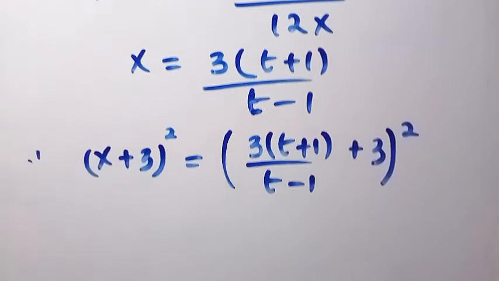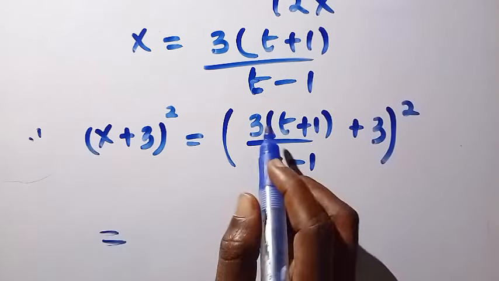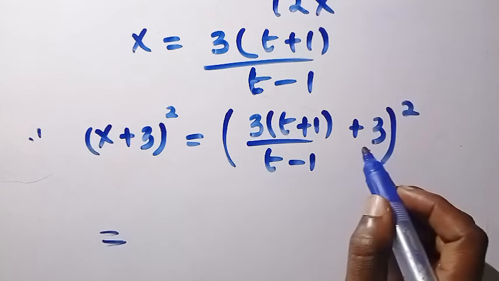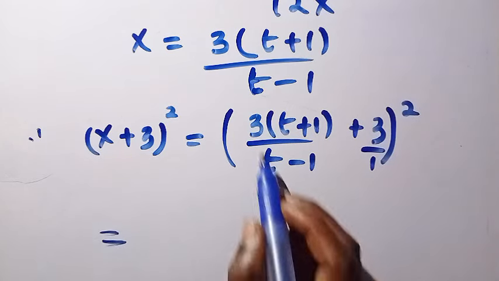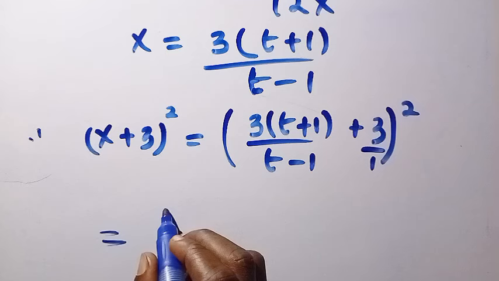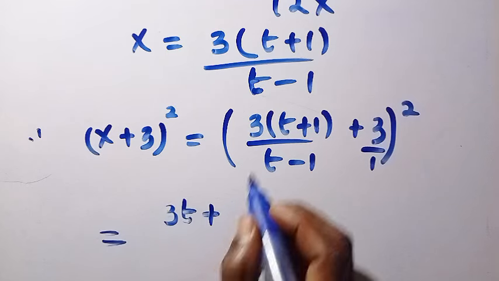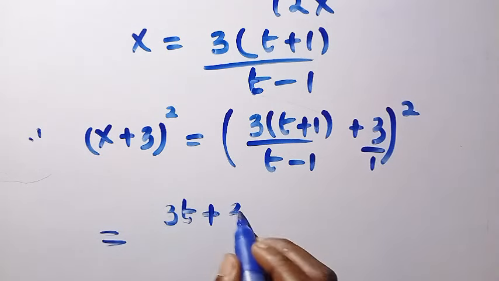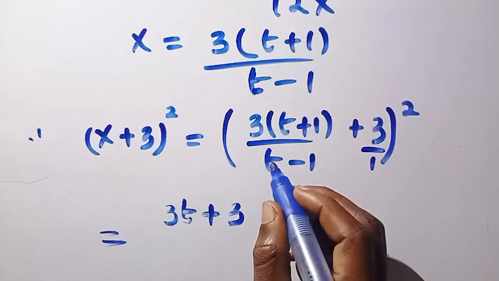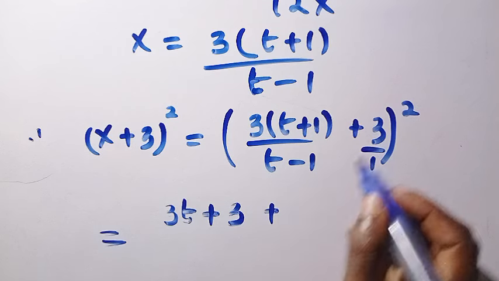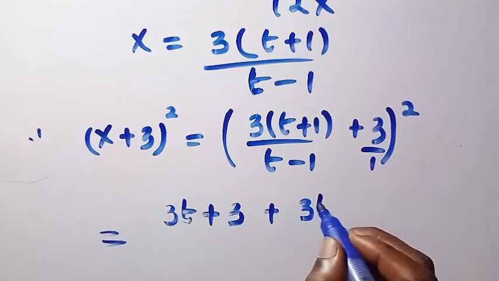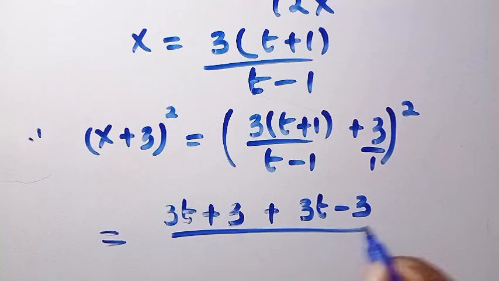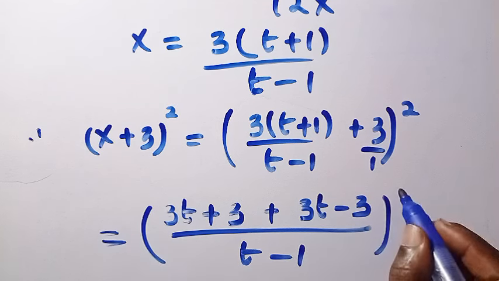Let's expand this out. If this is 3 over 1, we find the LCM: 3 times t is 3t, plus 3 multiplied by 1, that is 3, then plus 3 multiplied by (t minus 1), that is 3t minus 3, all divided by t minus 1, all raised to the power of 2.